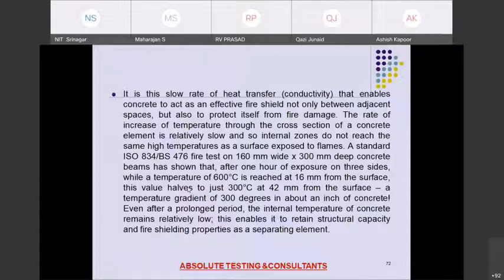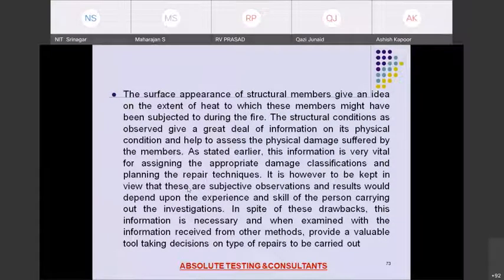This enables it to retain structural capacity and the fire shielding properties of separating elements. So the surface appearance of the structural members gives an idea of the extent of heat to which these members might have been subjected during the fire. So whenever we are going for a structural or condition assessment of this type of fire damaged structure, first of all, we have to find out the history behind the whole thing: what type of material was there, and what was the duration of the fire.